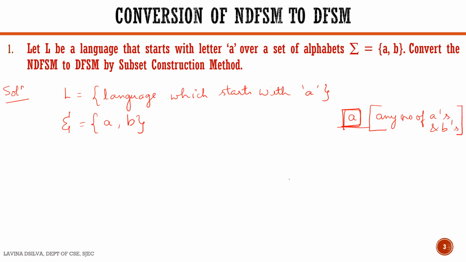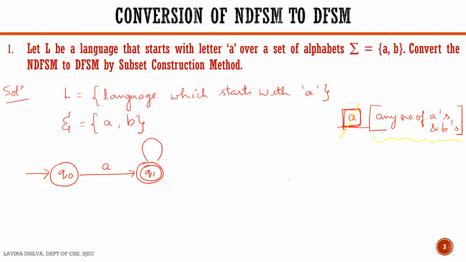So when designing the NDFSM, we have the start state Q0. On Q0, when we give an input A, it goes to Q1 state, and Q1 is our final state because we finish reading this input, and after that we can have any number of A's and B's.